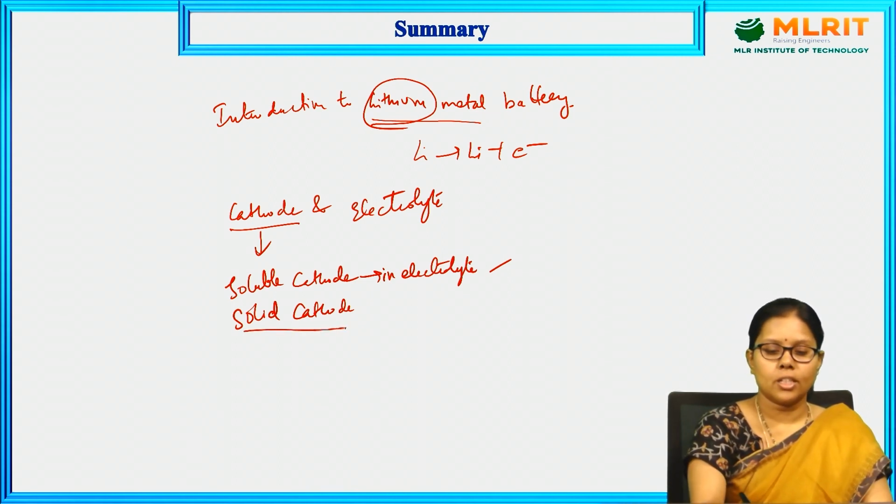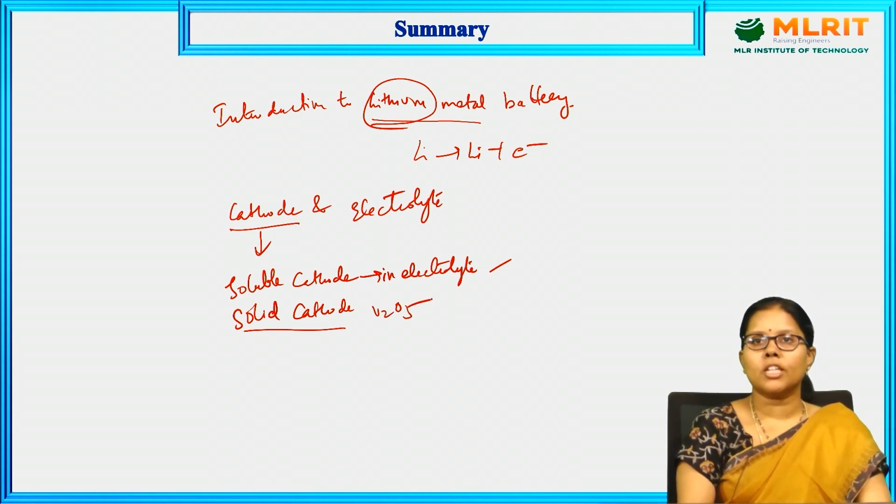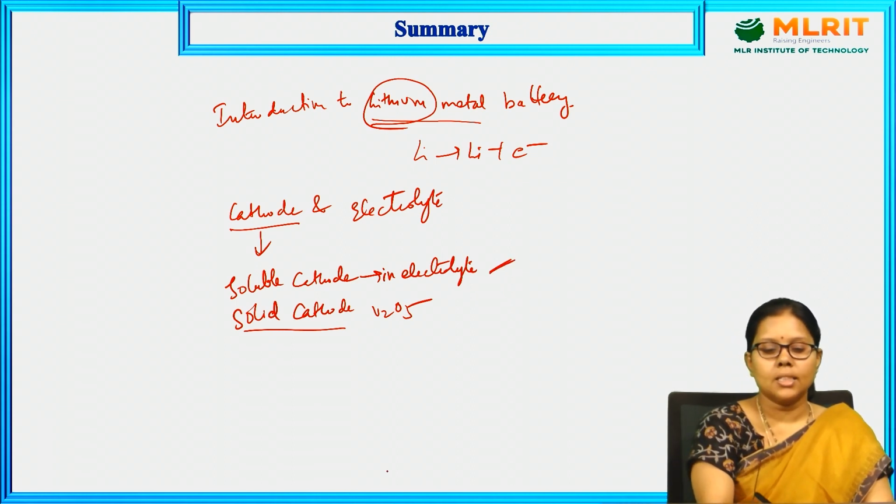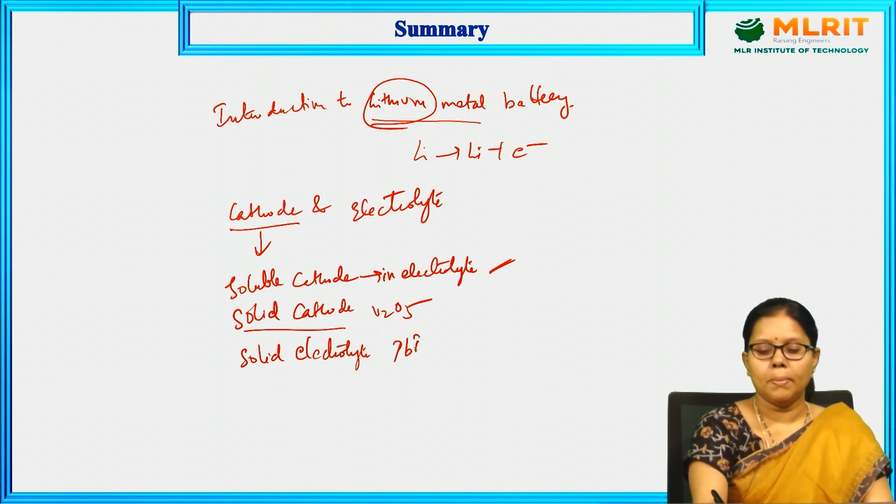And solid cathodes, for example V2O5, also work over a range of temperature, though not superior to the soluble cathodes. And the third one is the solid electrolyte, PbI2 or PbS, lead sulfide or lead.